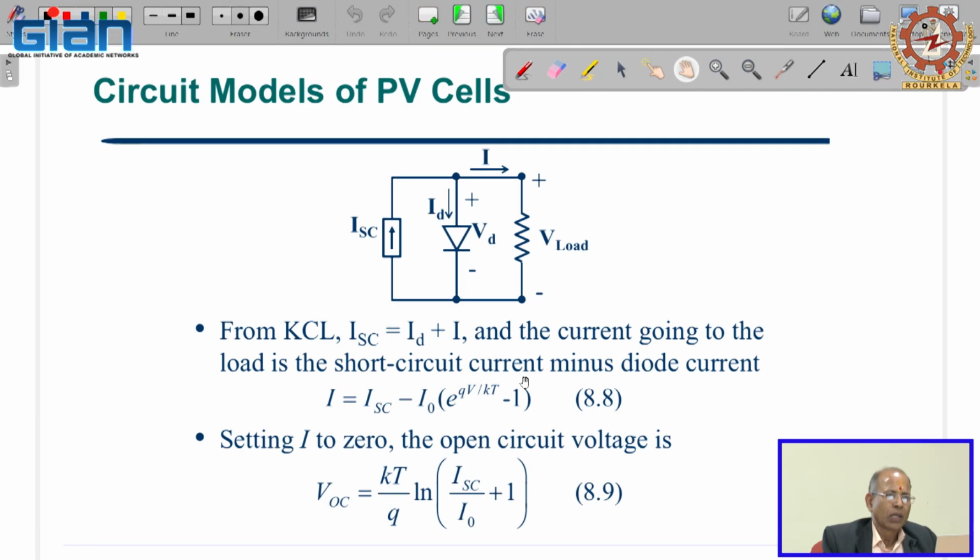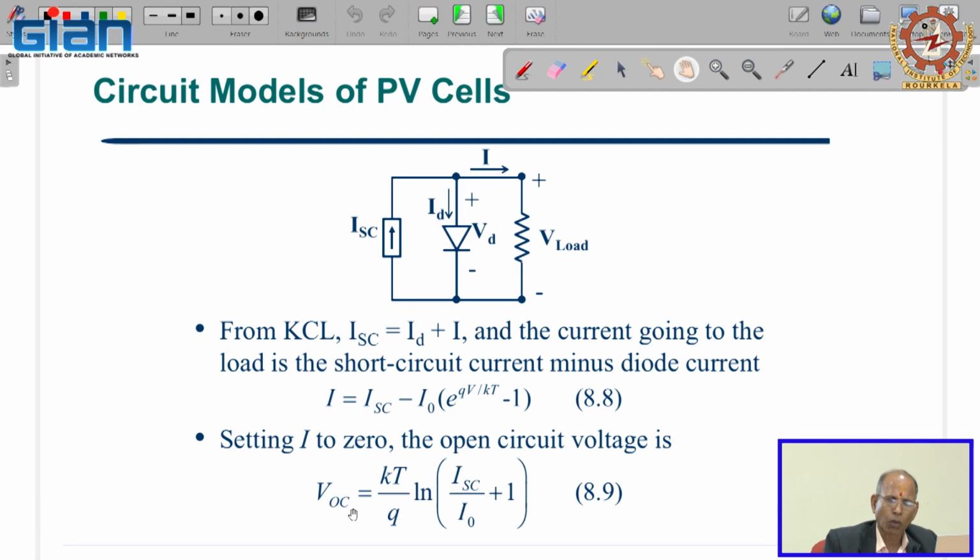So you can have this simple circuit model analysis. I am not going into the detail. It is the same explanatory equation. I will be equal to ISC minus I naught, and the value of the diode current you place from this equation, which I already mentioned. And if you substitute I equal to 0, that means this is open circuit.